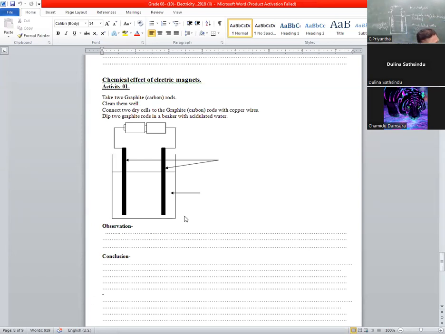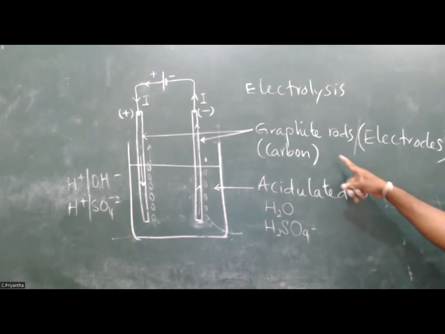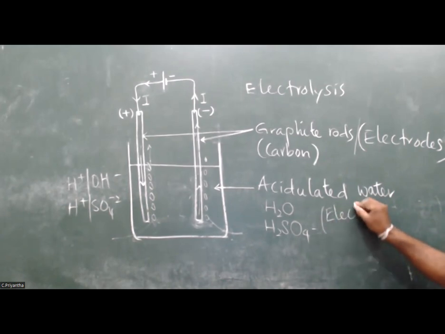Here is the acidulated water, the graphite rod or carbon rod. Here, the electrolyte is the acidulated water. Electrolyte is the common name. Graphite electrodes and electrolyte acidulated water.